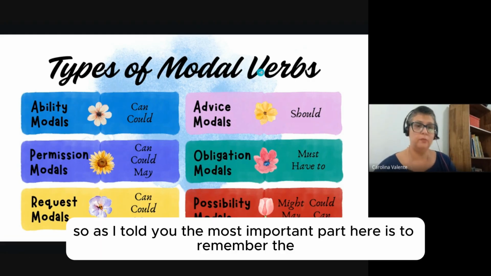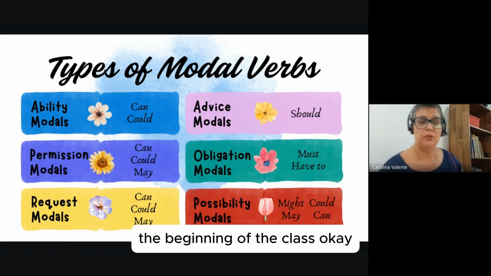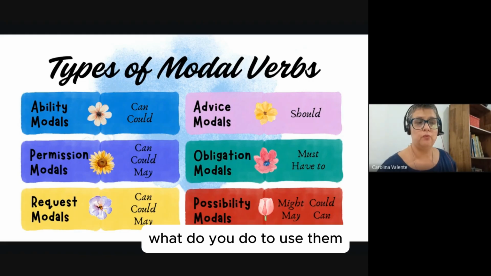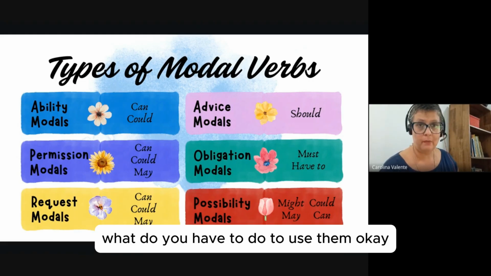So as I told you, the most important part here is to remember the beginning of the class. Okay. The rules. What makes modal verbs different from the other verbs? What do you have to do to use them? Okay.